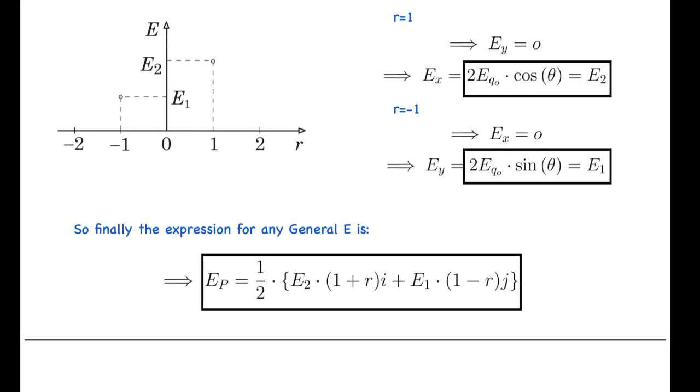On substituting these values in the original expression for the electric field and writing the Ex and Ey parts separately, we get this expression, which reads: Ep, the electric field at point P, will be equal to half of E2 times (1 plus r) i cap plus half of E1 times (1 minus r) j cap. So this is the final expression for the electric field, and that's the final answer for this question.